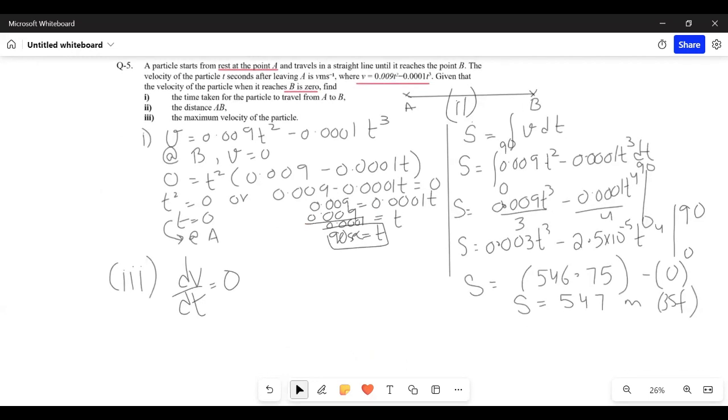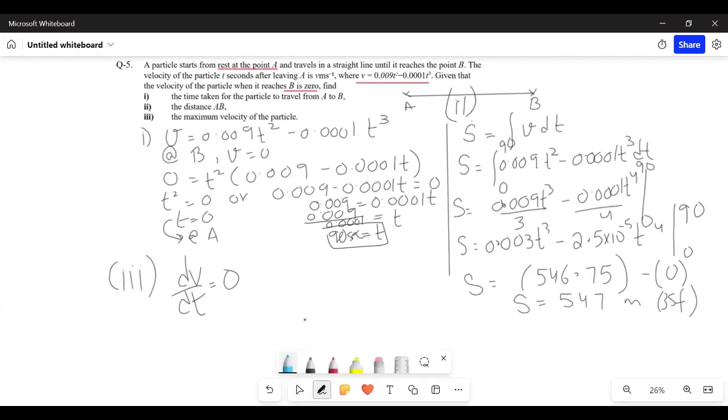Okay. Now let's differentiate the velocity and equate it to 0. So v is again 0.009 t square minus 0.0001 t cube.